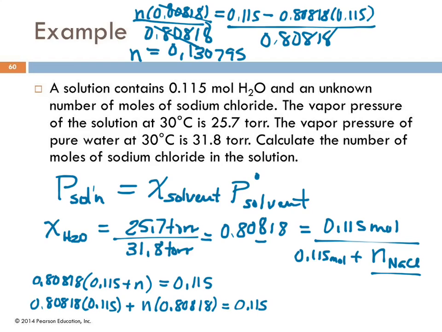So I think we're just going to have two significant figures on this. 0.13 moles. Yeah, two sig figs. Any questions?